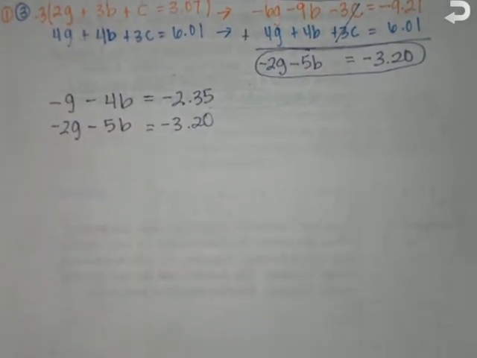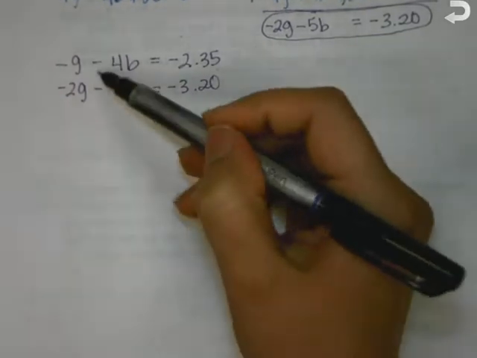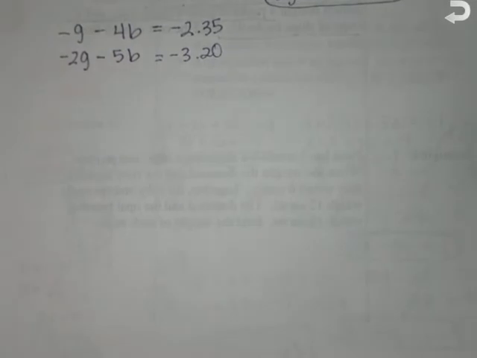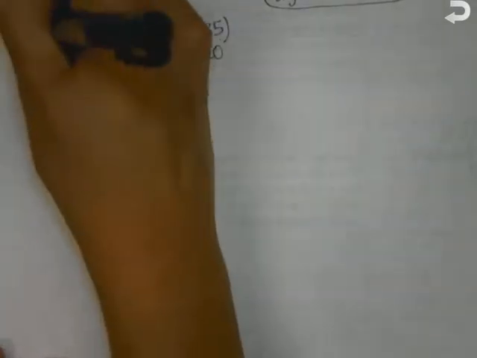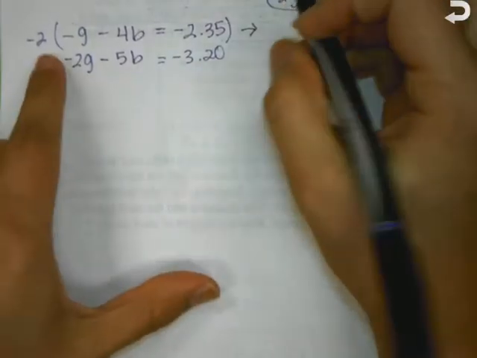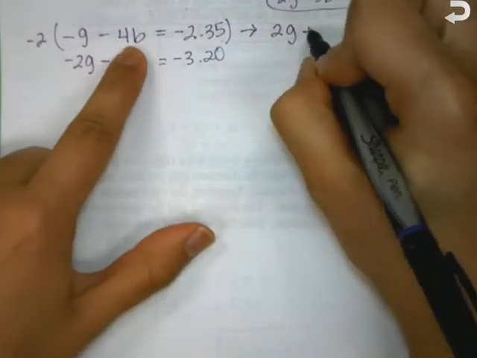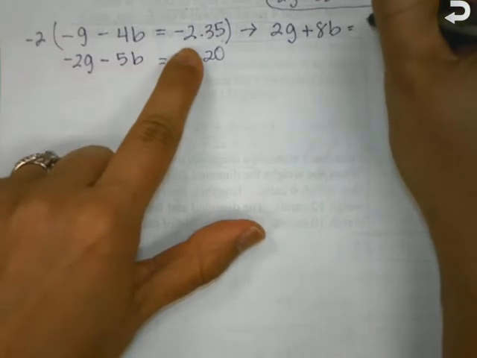G's. G's are easier. So what do we need to multiply that top equation by? Negative 2, because we want it to actually become a positive 2. So that's going to give me positive 2G. Negative 2 times negative 4 is plus 8B equals positive 4.70. And then I'm just going to rewrite this one. So negative 2G minus 5B equals negative 3.20.